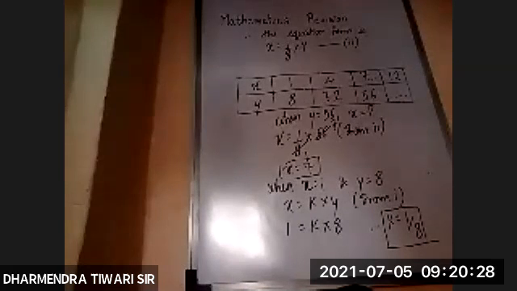Now, the part in which the number of apples is given as 12. They are asking us to find the cost of apples.